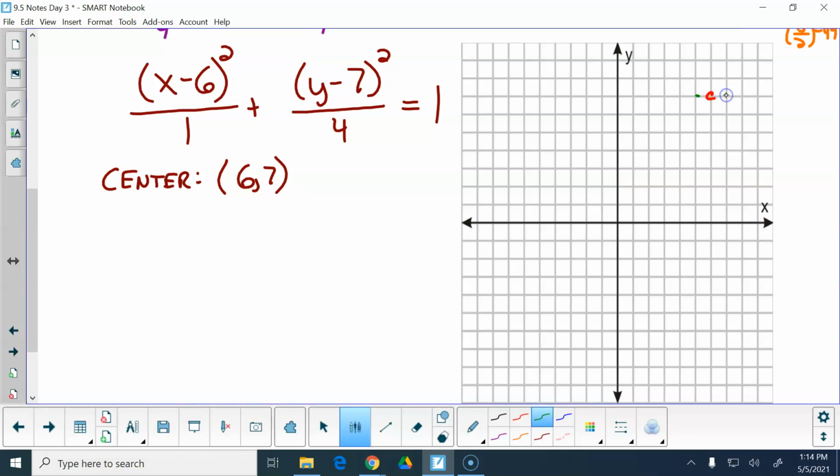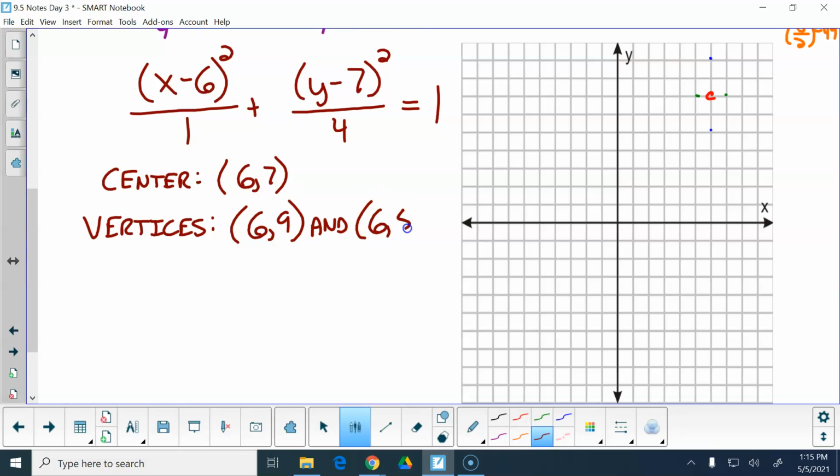Up and down I go. 2. Which one's longer, horizontal or vertical? Vertical is longer. That would mean that my vertices are up and down 2. So that would be at 6, 9 and 6, 5.